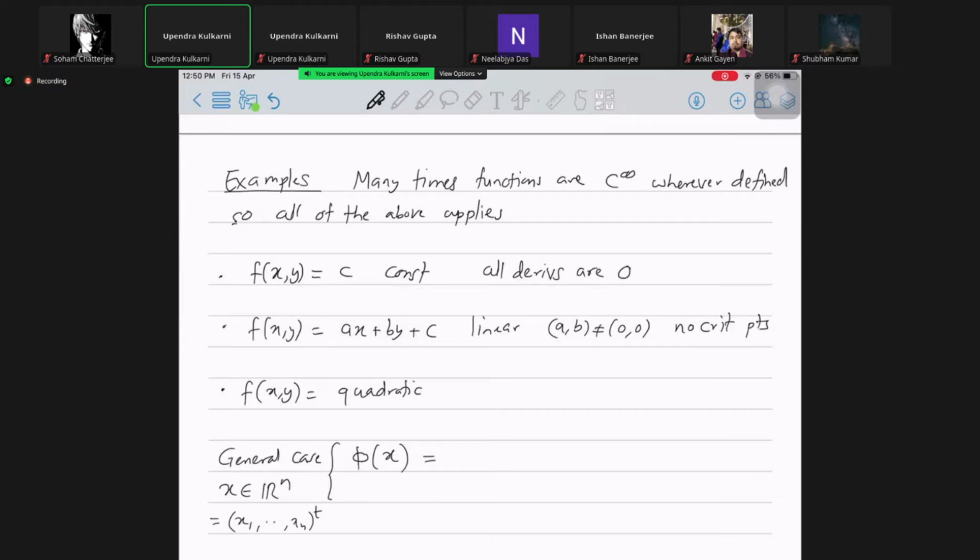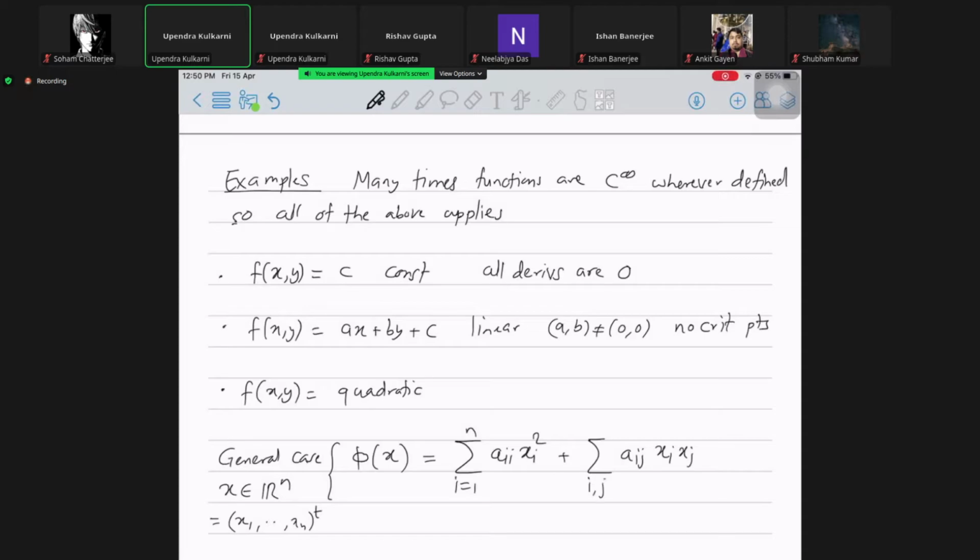So let's set up notation. So this is going to be summation aii xi square, i going from 1 to n, plus summation aij xi xj.